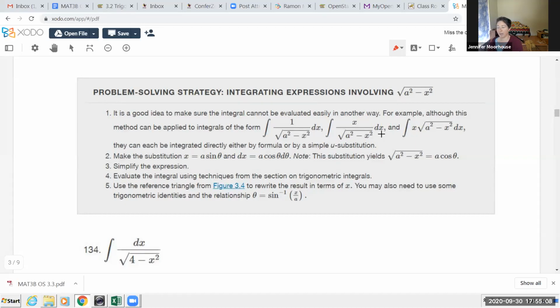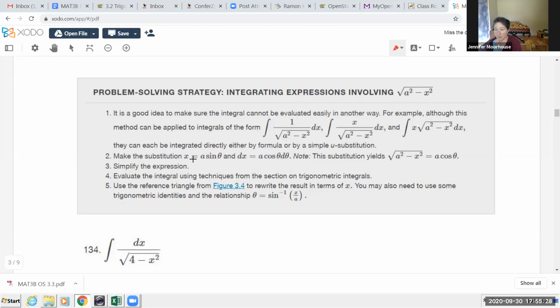But then once you've verified that this isn't something that you can do in another way, then you're going to want to pull out your substitutions.